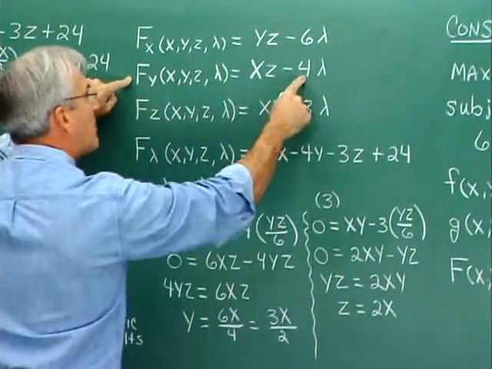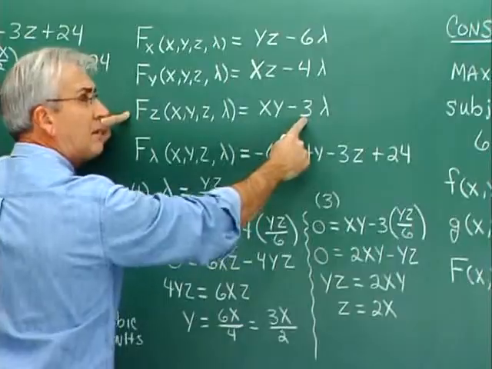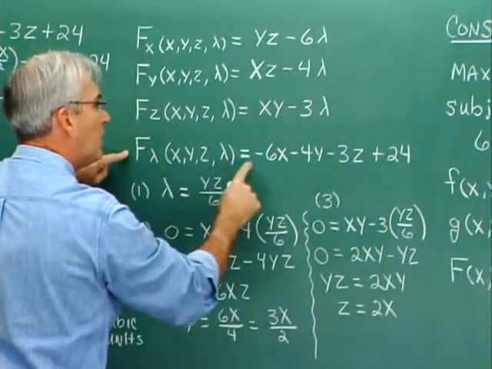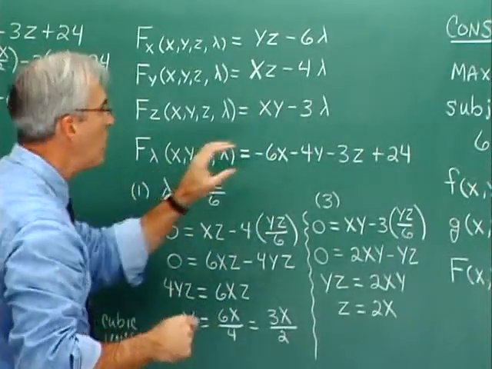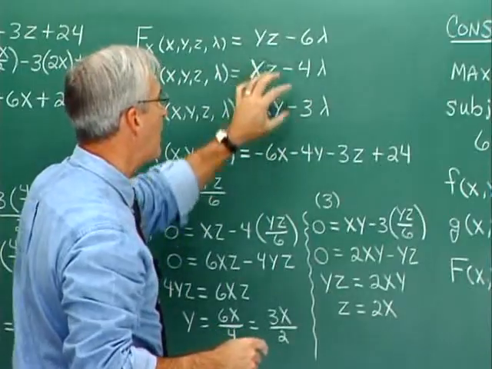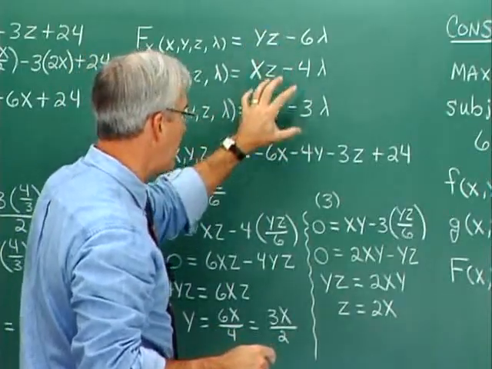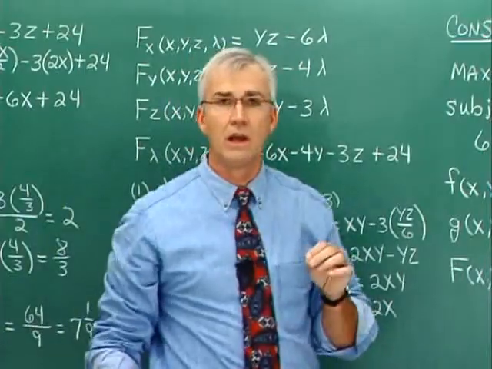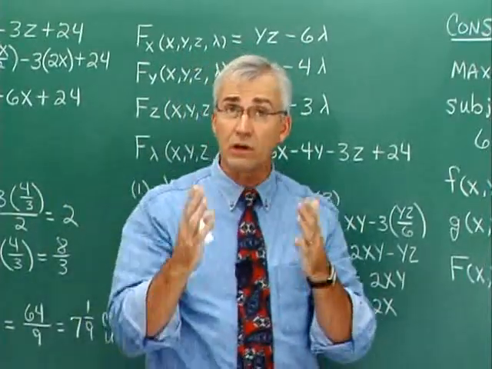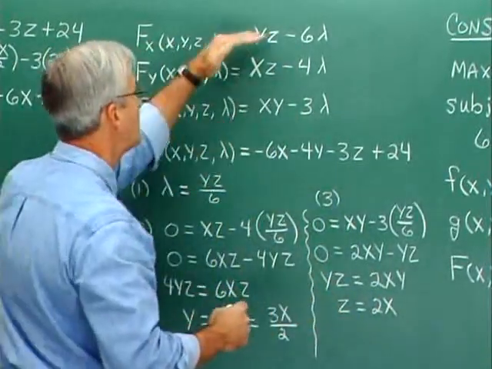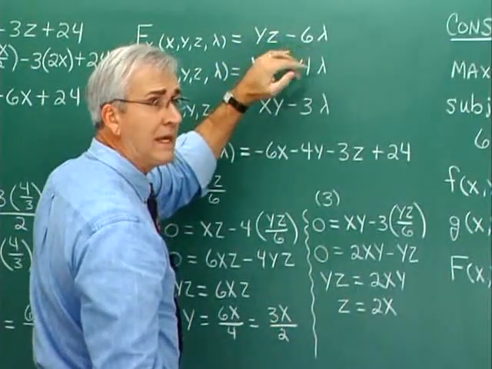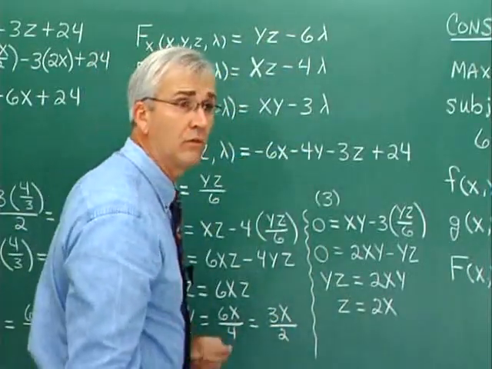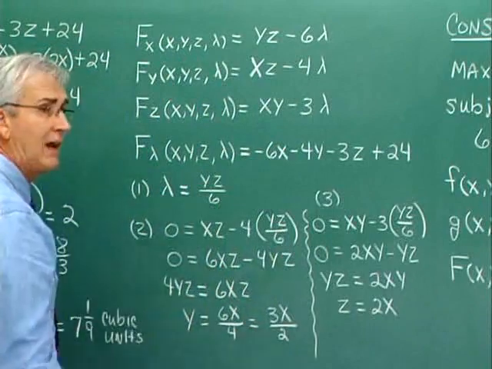And each of the partial derivatives, notice, is a relatively simple little expression. Now, we have no letters that are squared here or anything. It simplifies and streamlines things to a degree. But we still have some challenges here because we are trying to solve this system of four equations in four unknowns. And so we have to figure out a strategy for that.